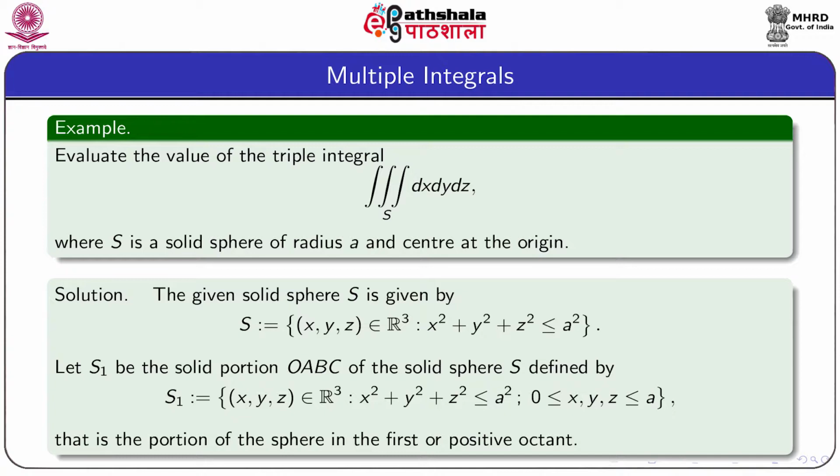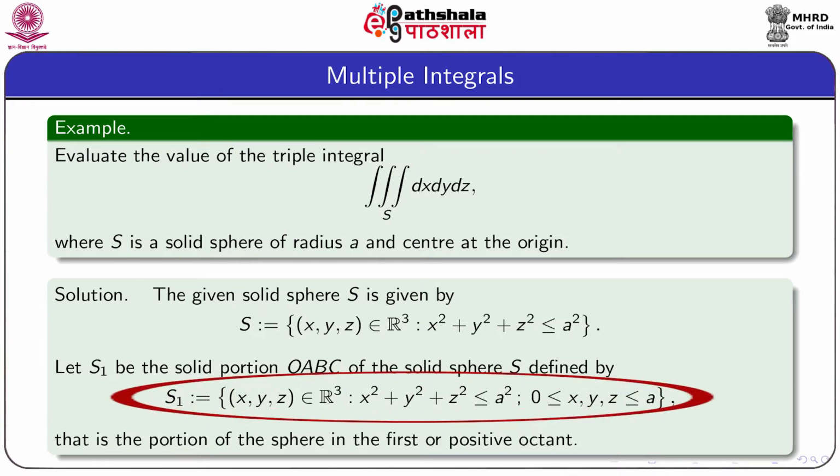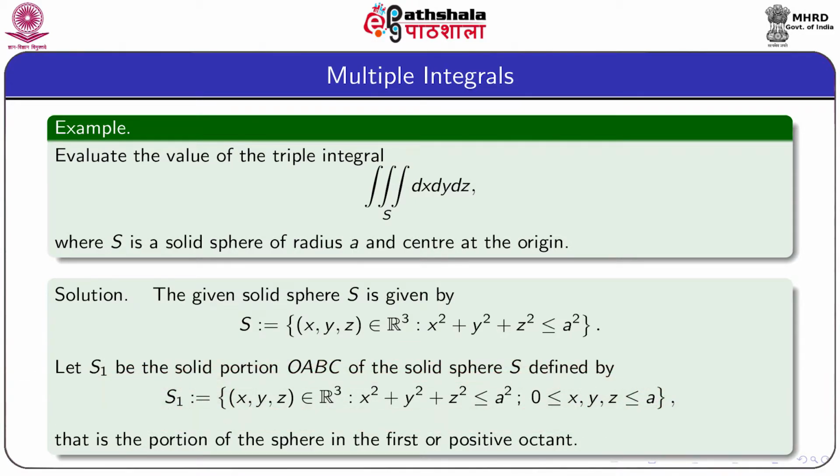Let S1 be the solid portion OABC of the solid sphere S, defined as the collection of all x, y, z in R3 such that x square plus y square plus z square is less than or equal to a square, where x, y, z are all positive. That means we consider the portion of the sphere in the first or positive octant.